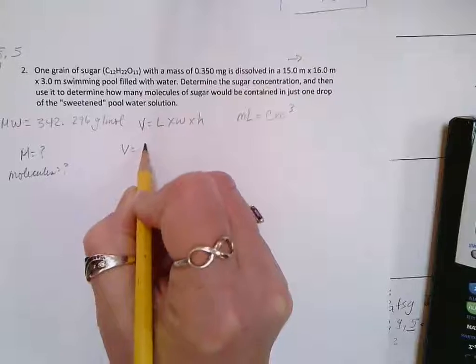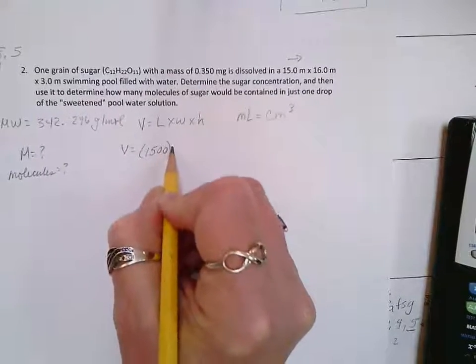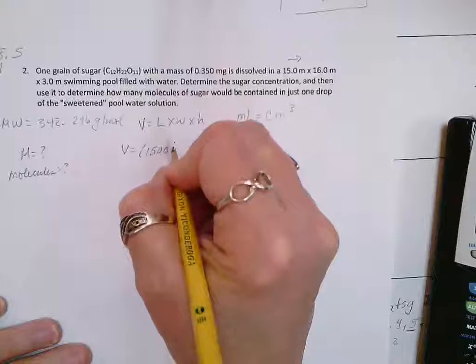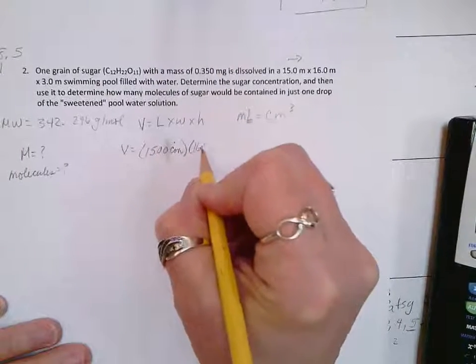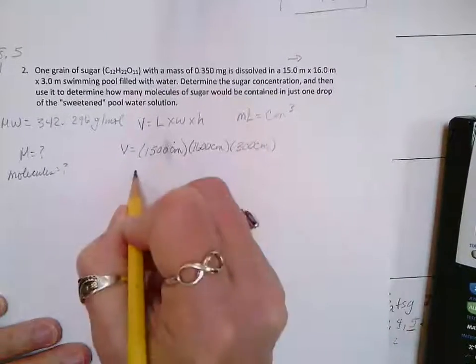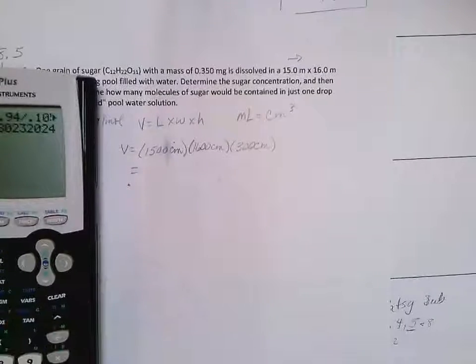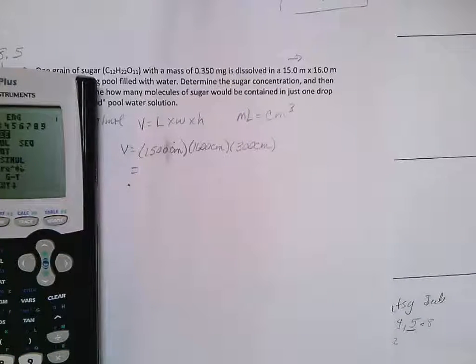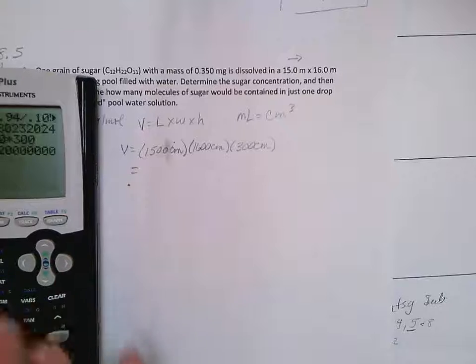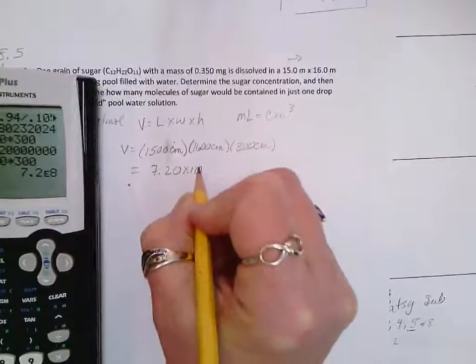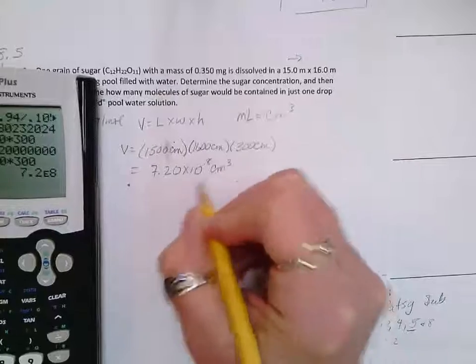So my volume is going to equal 1500 centimeters times 1600 centimeters times 300 centimeters. 1500 times 1600 times 300 equals, let me put that in scientific notation, that's too many zeros, and so that's 7.20 times 10 to the 8th centimeters cubed.